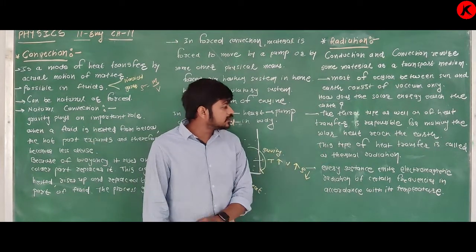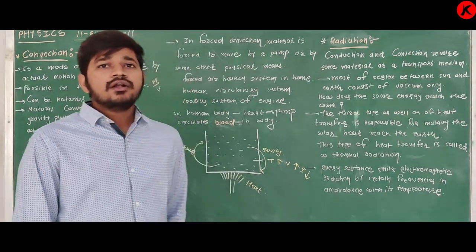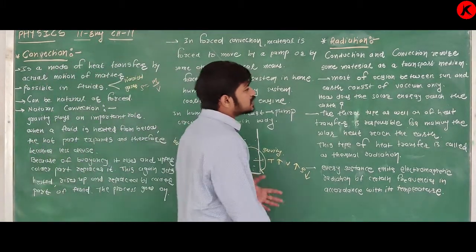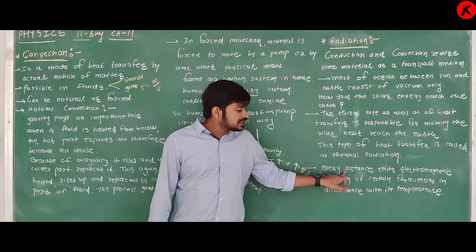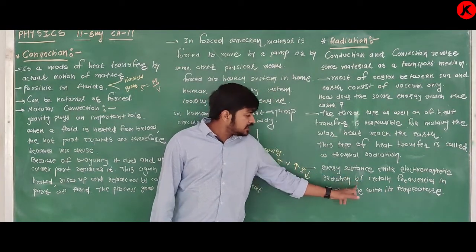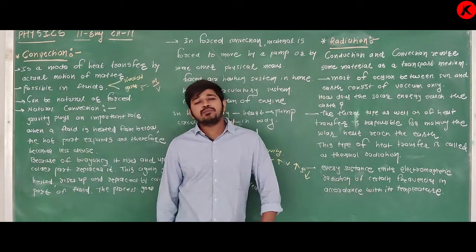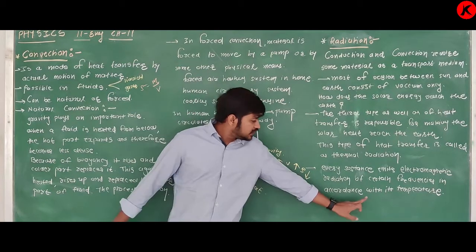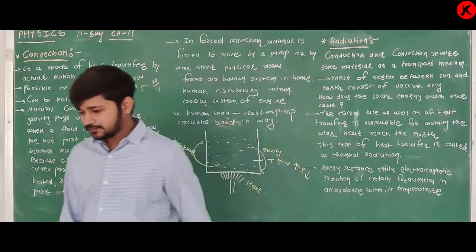And this type of heat transfer is called thermal radiations. Now what is thermal radiation? Every substance emits electromagnetic radiation of certain frequencies in accordance with its temperature. Now we will discuss in detail about this.